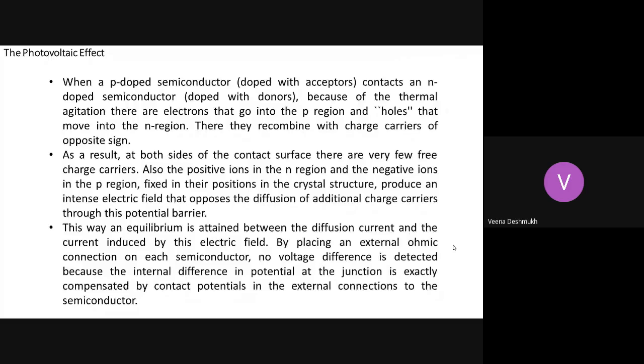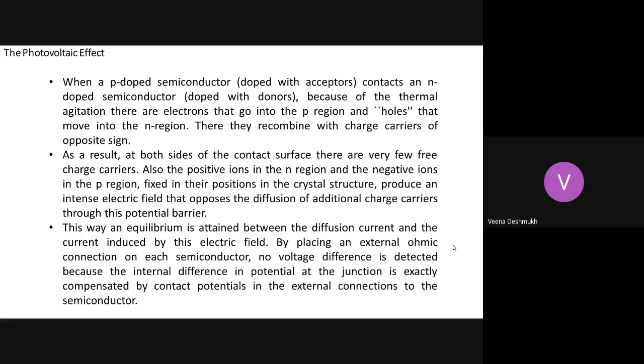So these three layers constitute an electric field, an intense electric field that opposes the diffusion of additional charge carriers through this potential barrier. Now when a potential difference is generated, naturally this is going to either aid or oppose the respective charge carrier motion.